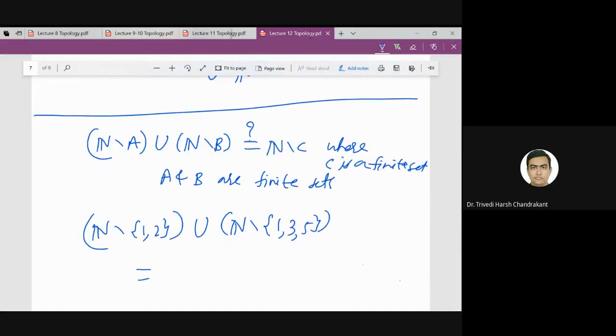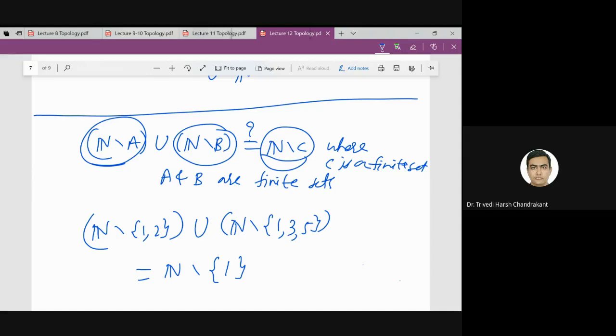What is this union? Yes sir, N minus {1}, right?